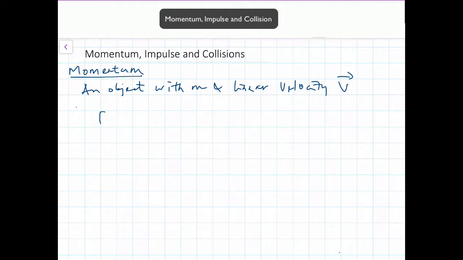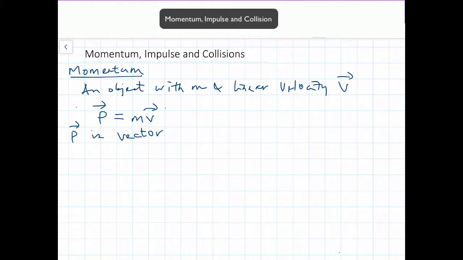By definition, momentum, represented by capital letter P, which is a vector quantity, so we represent it with an overhead arrow, is equivalent to m times v. As we said, momentum is a vector quantity. That means direction is important.